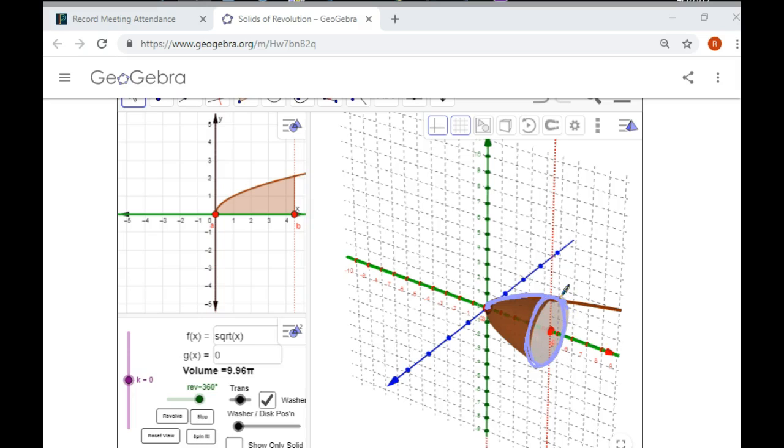It's a circle, right? And the area of that circle is going to be pi r squared, right? And the r is simply the distance of your function to the axis. So it's just going to be pi r squared, and then we're going to integrate it from here back and add together all those areas of circles all the way back, and you get the total volume of the shape.